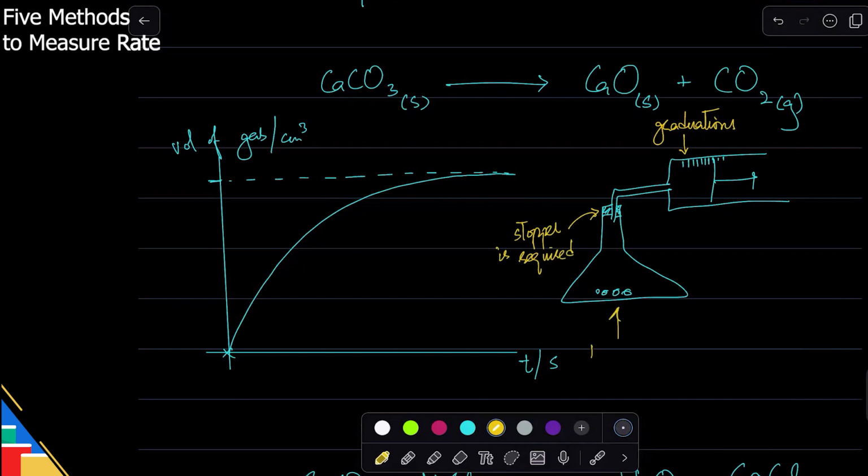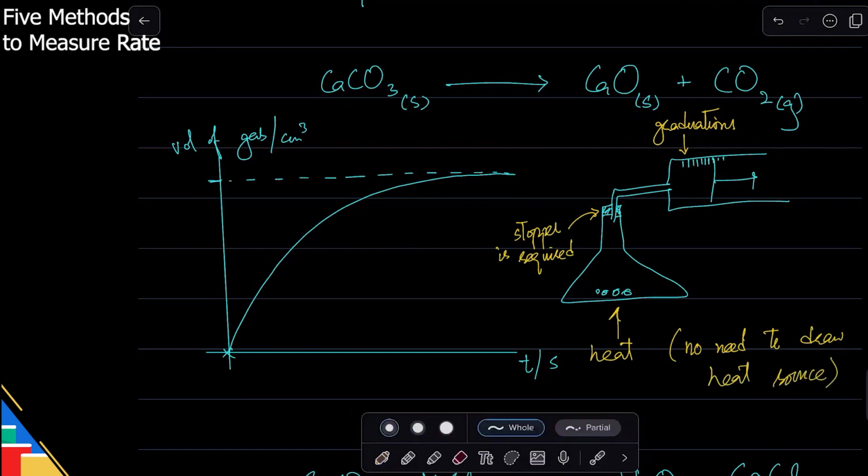And of course, this one, I'll just heat it. No need to draw the heat source. Always mention just heat. The examiner doesn't ask you to draw a heat source. These yellow things that I'm putting in are important for not losing marks.